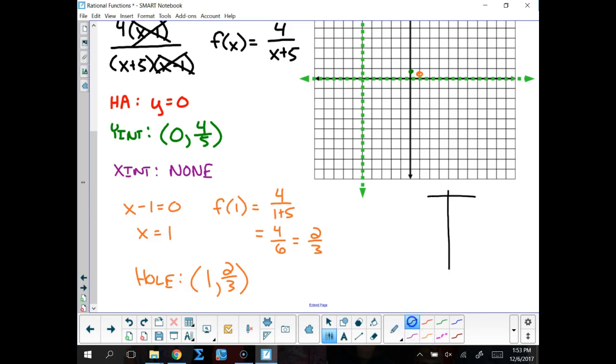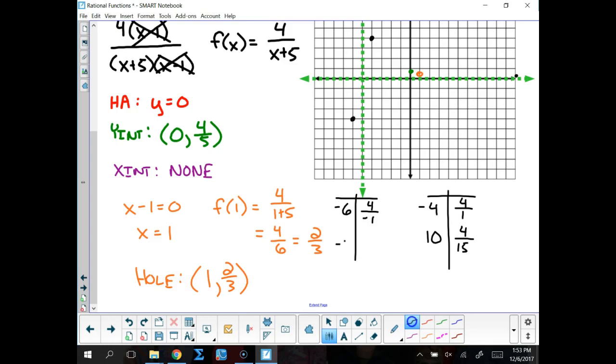Plugging in some more points over here. Let's go with -4. If I put -4 in there, I get 4 over +1, which is +4. If I put in 10, I get 4 over 15. If I put in -6, I've got 4 over -1.